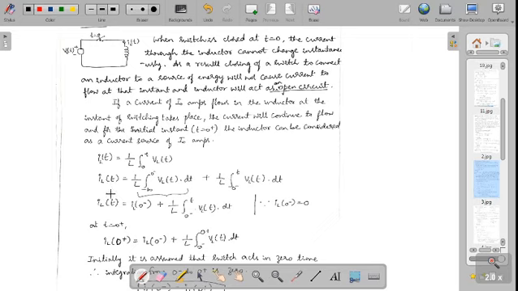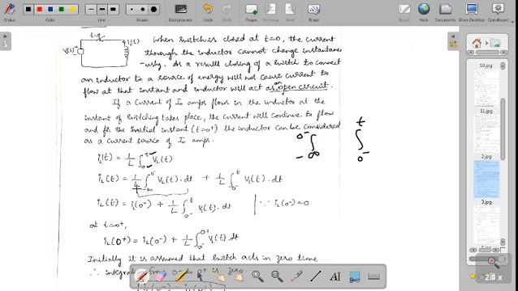This equation can be broken down: the integration from 0 to t can be split into minus infinity to 0 minus, and from 0 minus up to time t.